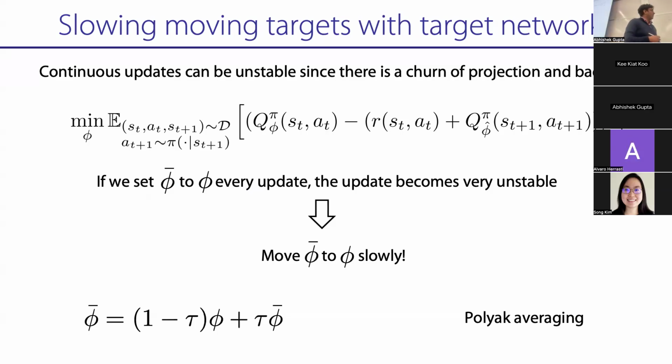You have your previous parameter phi hat and your new parameters phi that came from the gradient update, and you only move phi hat to some average between them. This is in parameter space, so you move phi hat to phi slowly. The target is still changing, but it's changing slower than the thing that is updating, so it keeps the optimization stable.